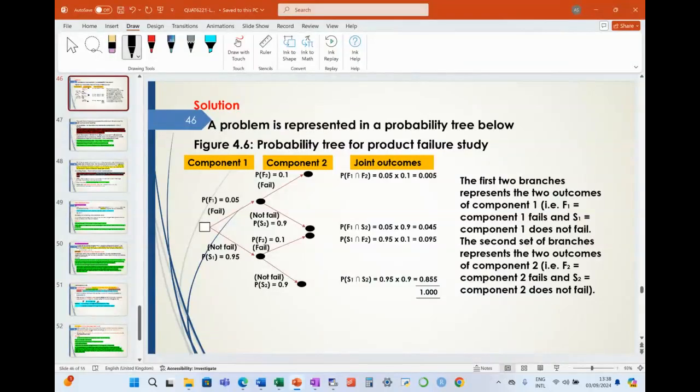If the first component fails, then obviously the product has failed. If the first component is successful but the second component fails, the product still fails. And then we can also have a situation where both components fail and therefore the product fails. But then we also have a situation that the components don't fail. So can you see the different paths or different outcomes that can potentially happen?